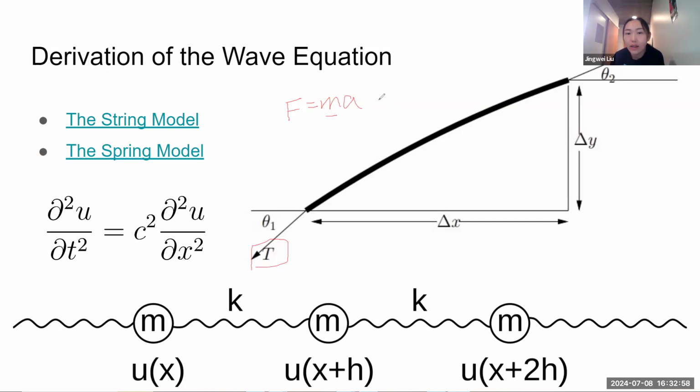And a is the acceleration, which is the second derivative of position with respect to time. The first derivative is velocity, the second derivative is acceleration.